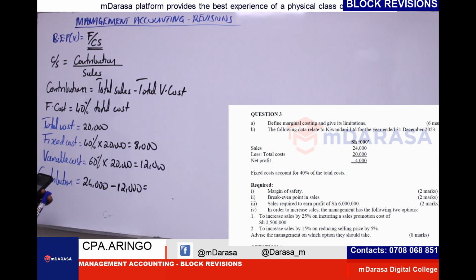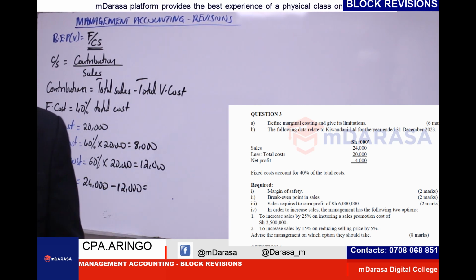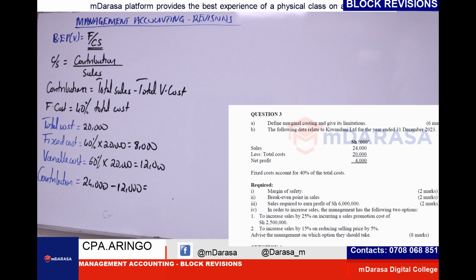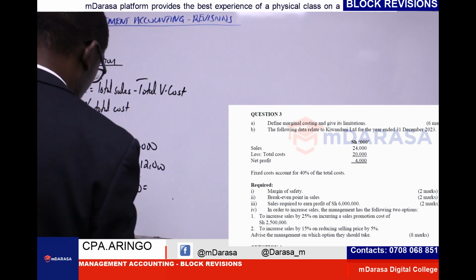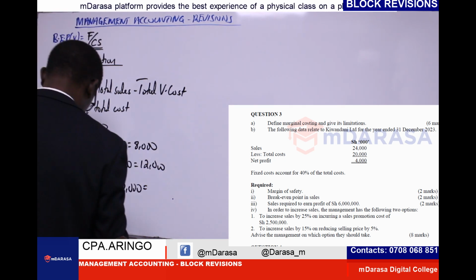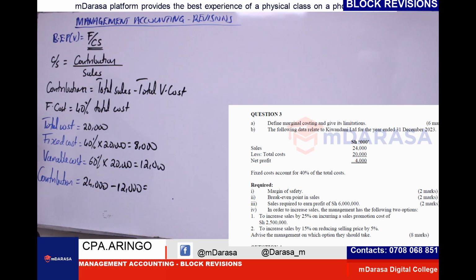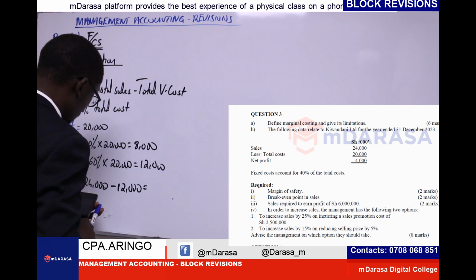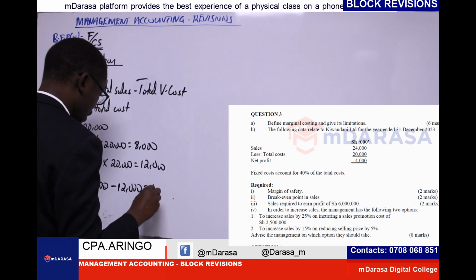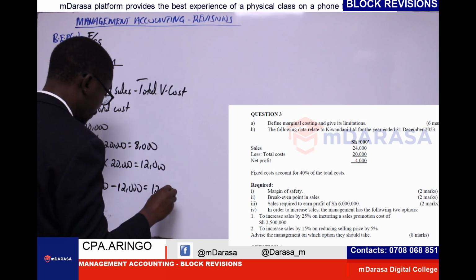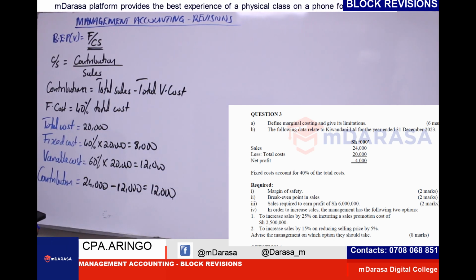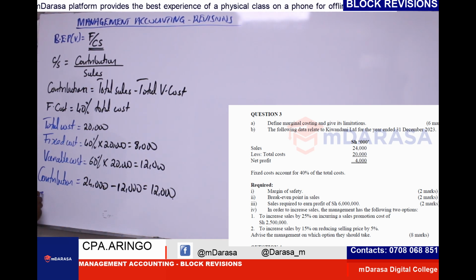So our contribution is 24,000 minus 12,000, which gives us 12,000. So our contribution here is 12,000. Having our contribution and having our fixed cost, can we determine our break-even point? We can determine our break-even point.